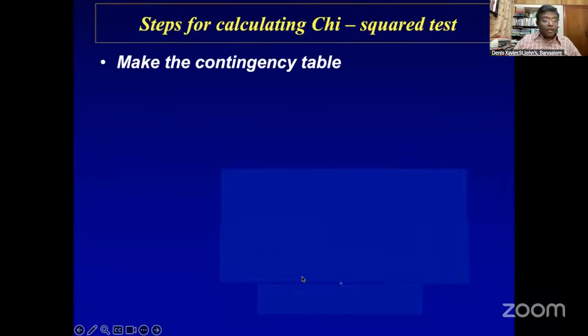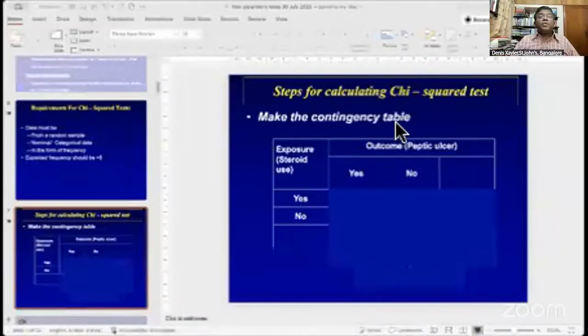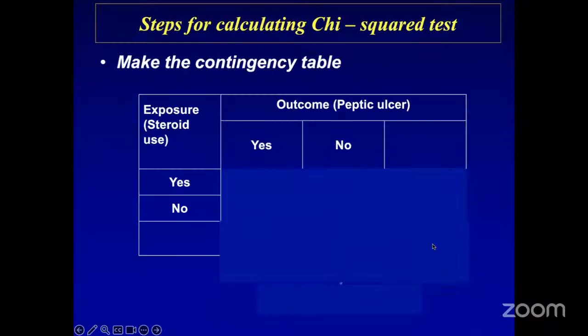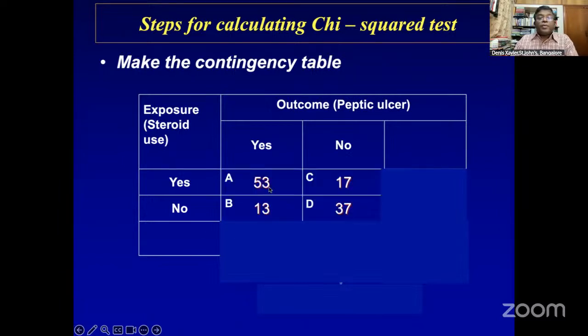Okay, so contingency table, and this is the 2 by 2 table I just mentioned to you. Now in this table, 53 patients who took steroids got peptic ulcer. 17 patients who took steroids did not get peptic ulcer. 13 patients who did not take steroids got peptic ulcer, and 37 no steroid, no peptic ulcer.